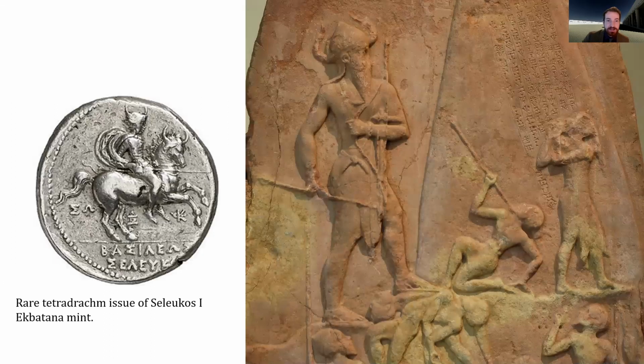So one such thing is these horns that appear on this rare tetradrachm mint. And we see that we have a Dioscuros on a charging horse with its horns, a symbolism that we've seen before.